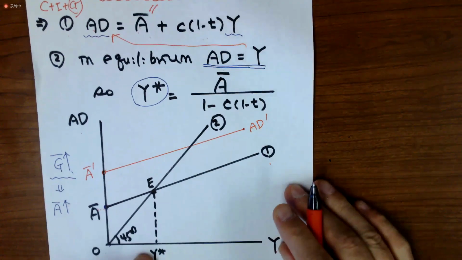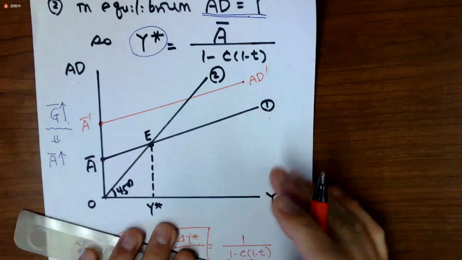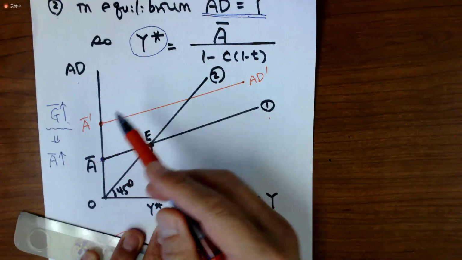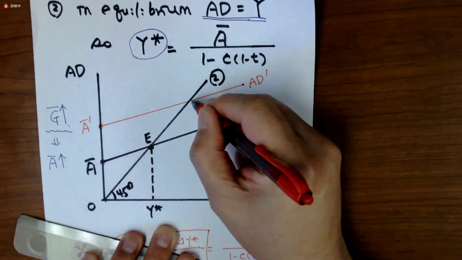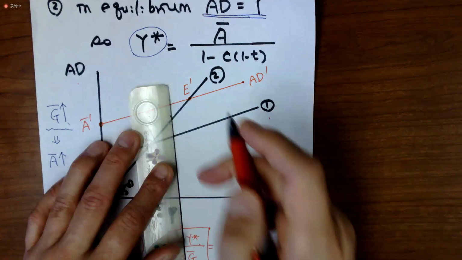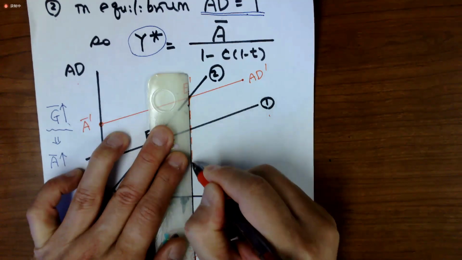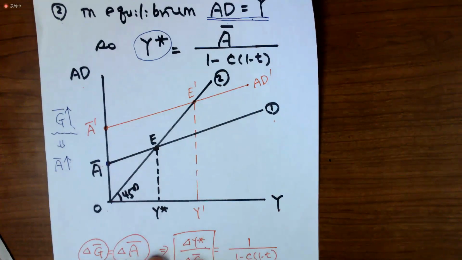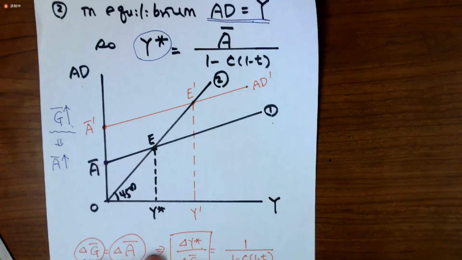So the intersection of the new aggregate demand, because of the higher government spending, will give us a new equilibrium E prime. And this will give us the new equilibrium output Y prime. Look at the diagram.